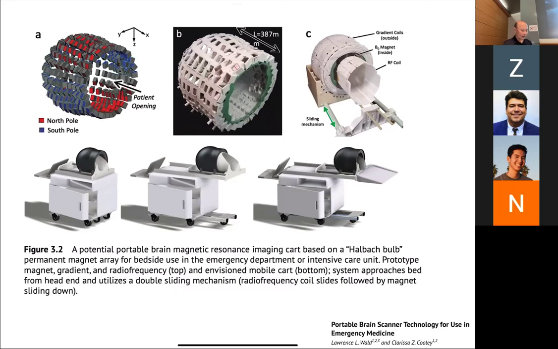Here, what they've done is take a bunch of permanent magnets, using what are called Halbach magnets, and arrange them in a fashion to create a magnetic field. But it turns out that the magnetic field is far from uniform and has a lot of issues. The hope is that with advanced recon, if you know what that field is, then you can undo all those non-idealities and get back to your image. So that's where it's going.